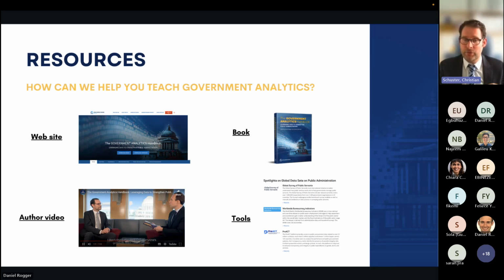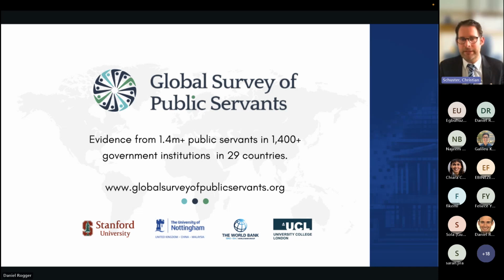On our website, there's also links to different tools that you can use in your teaching that make it easier for you, for instance, to showcase existing data that is available about a certain part of the production function. So for instance, one tool, if we go to the next slide, is the Global Survey of Public Servants.